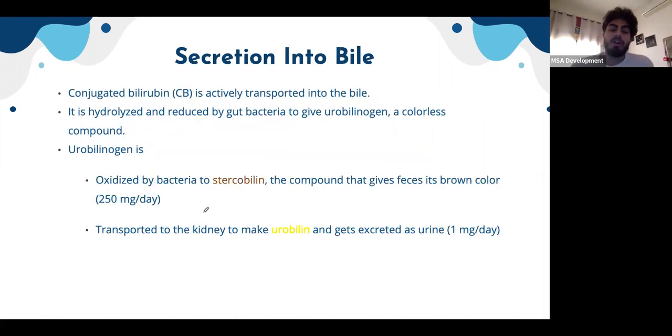Okay, so after the conjugated bilirubin is in the liver, it gets transferred into the bile, and then in the bile, again, it gives you one or two things. Mostly, it gets reduced by the gut bacteria to give you urobilinogen, okay?